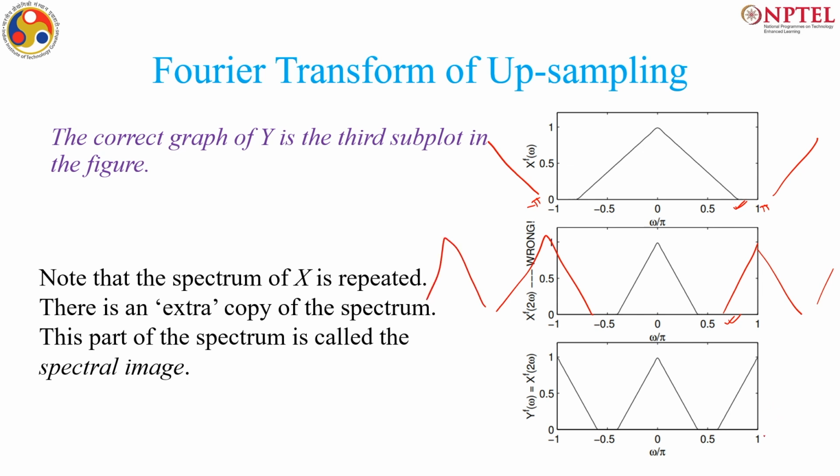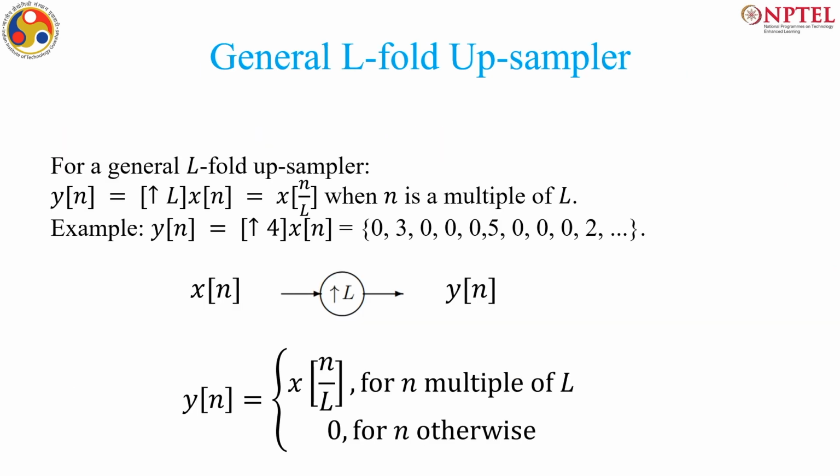So, hence this is your actual spectra, because it will now be periodic from minus pi by 2 to pi by 2. So, what I eventually get are these extra repeated copies, and this is called a spectral image, which is unwanted. Okay.